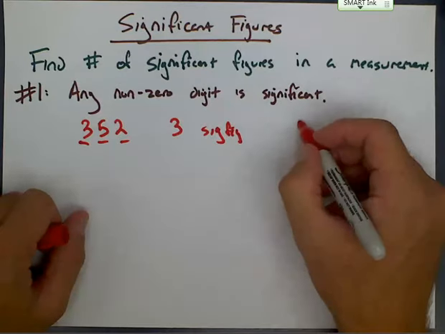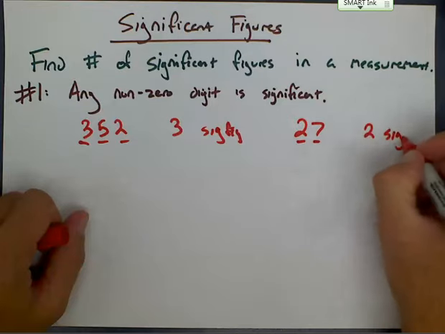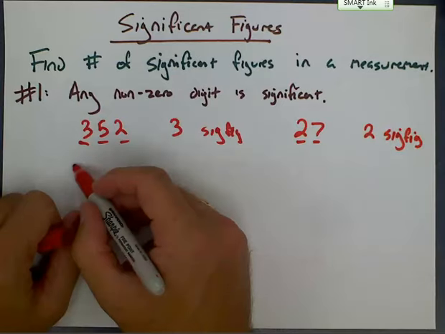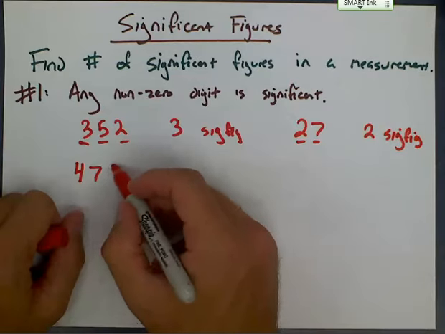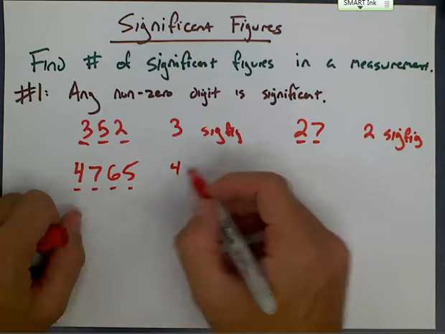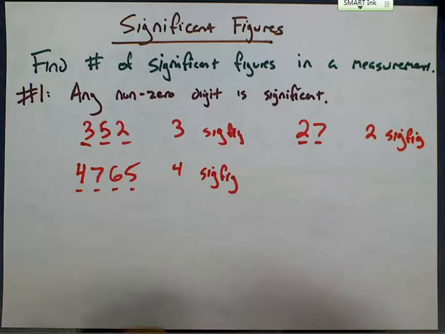A number like 27 would have 2 significant figures. 4,765 would have 4 sig figs, and by now I'm sure you get the point. Anything that's not a 0 is always going to be significant.